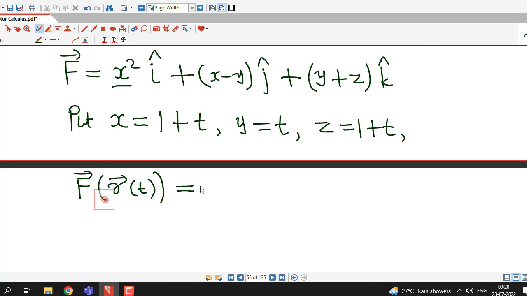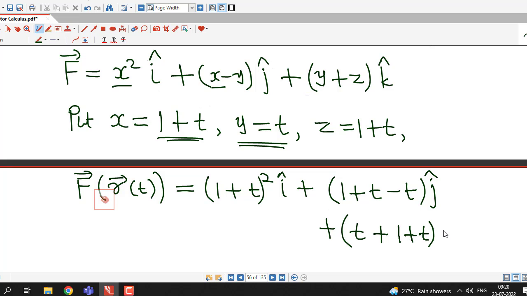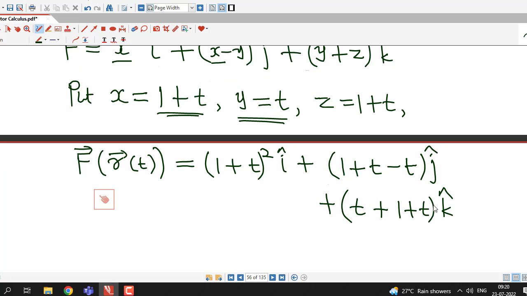So x square, we write x equal to 1 plus t, squared, i plus x minus y, that is 1 plus t minus t, j plus y plus z, y is t plus z is 1 plus t, times k.